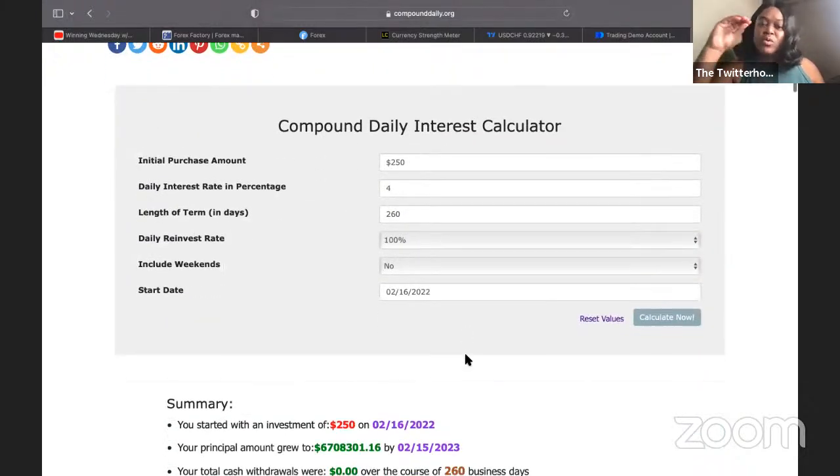But what I will say, once you have your target amount that you want to make, don't think about the dollars, think about the percentage, right? Grow your account thinking in terms of percentage earned per day as opposed to dollar amount, because when you don't hit that number, it could feel demotivating.